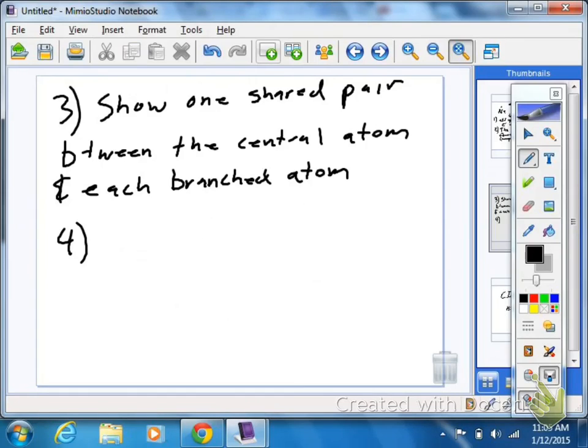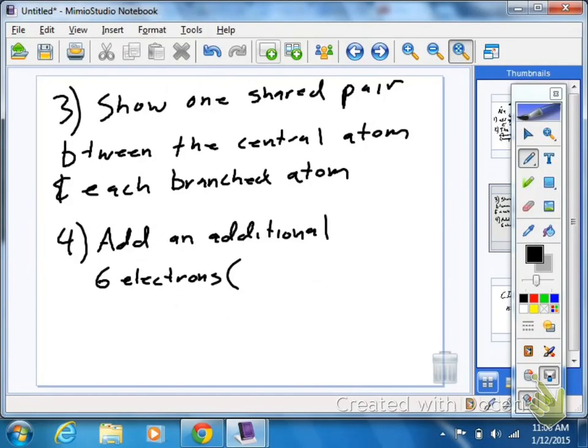Okay, so in addition to the shared pair, you're going to add an additional 3 pairs of electrons to each of the branched atoms. Okay?